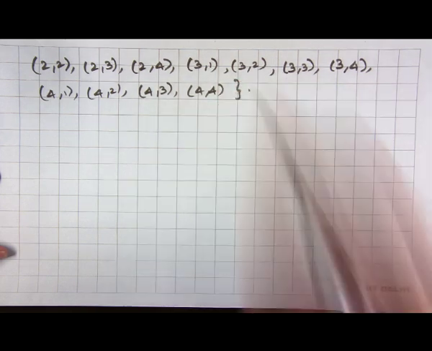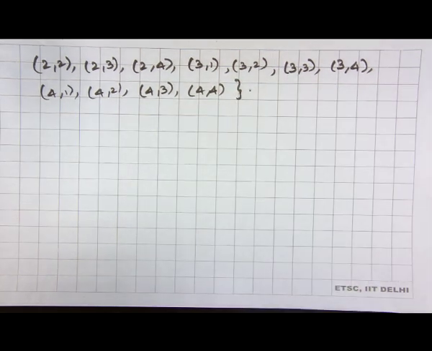So, these are the possible 16 elements, or in fact, the only possible 16 elements of A cross A.